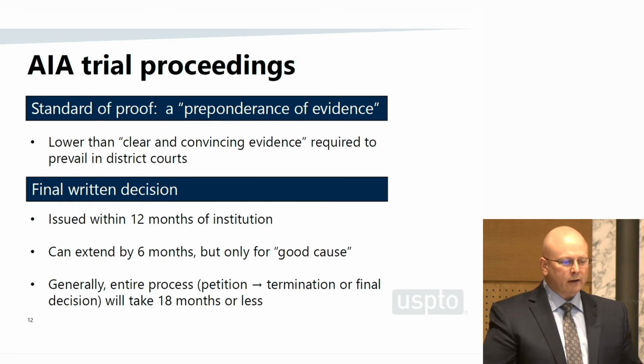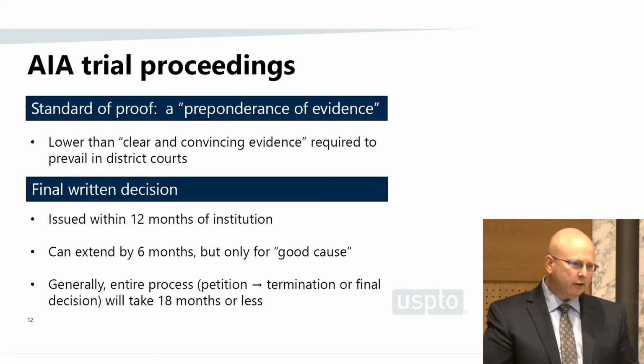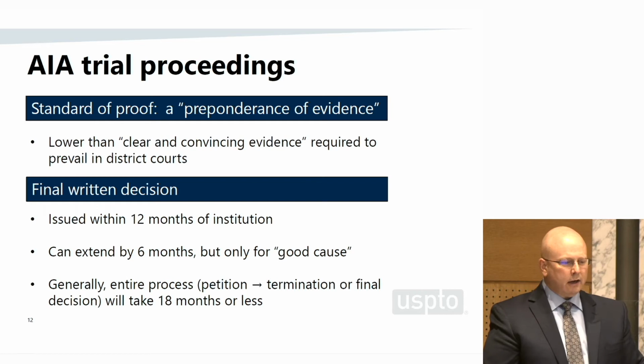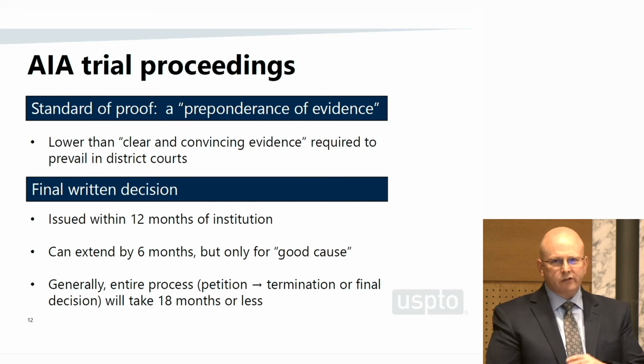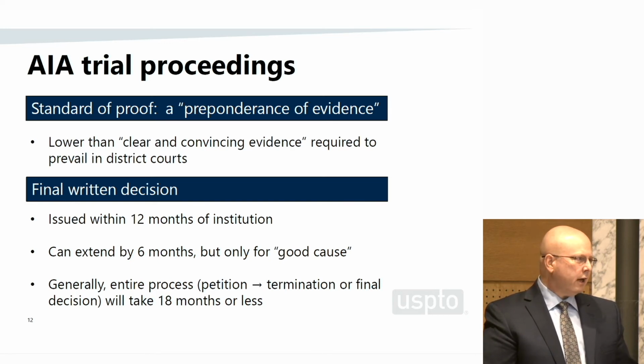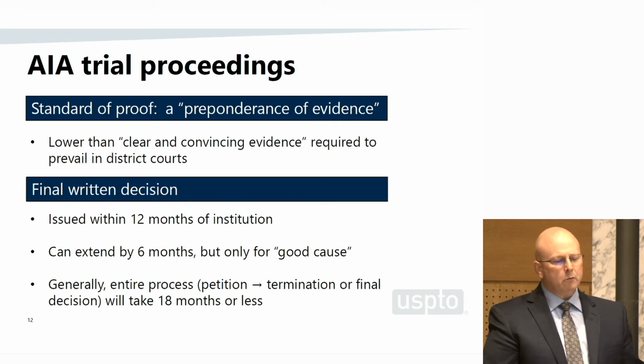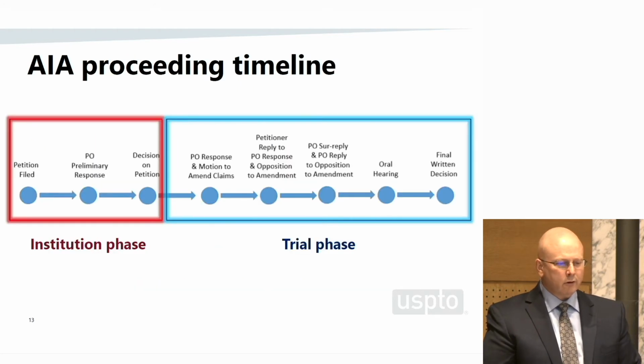Congress also provided us with some set timelines that we need to meet, including completing our trials within 12 months of institution. They can be extended by 6 months for good cause. But generally, the entire time of an AIA trial, from the time the petition gets filed to the time that we're done, is about 18 months or less, but it can go slightly longer.